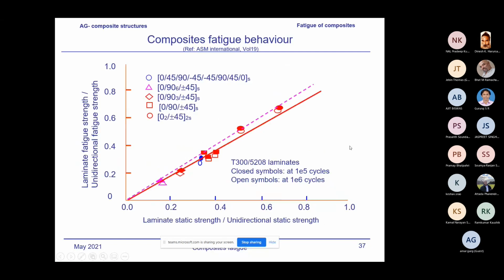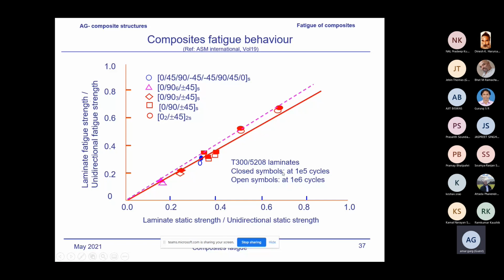Here, this is a very interesting chart. Basically, it is showing laminate fatigue strength divided by unidirectional fatigue strength, versus laminate static strength divided by unidirectional static strength, which depends on the percentage of 0 degree fibers.